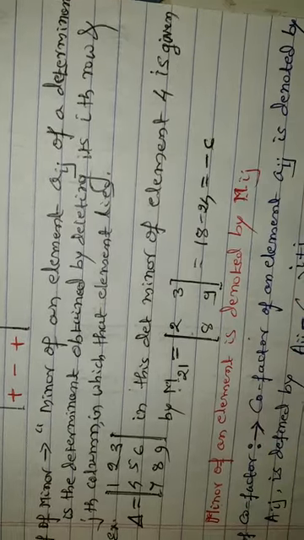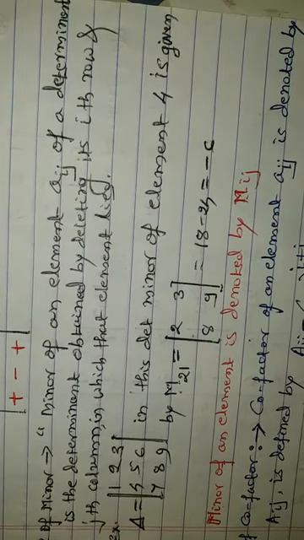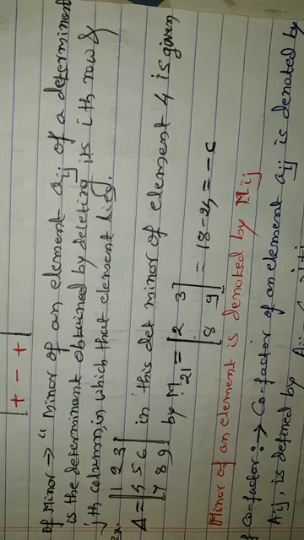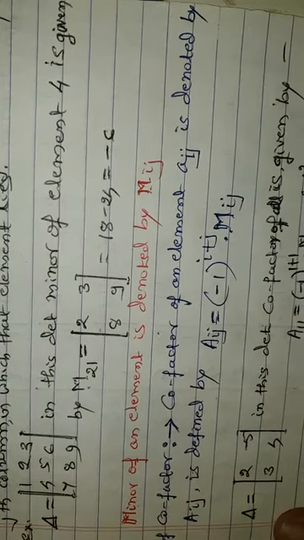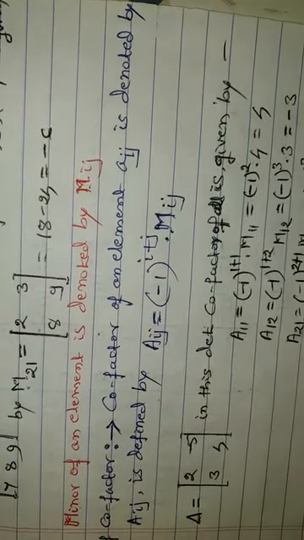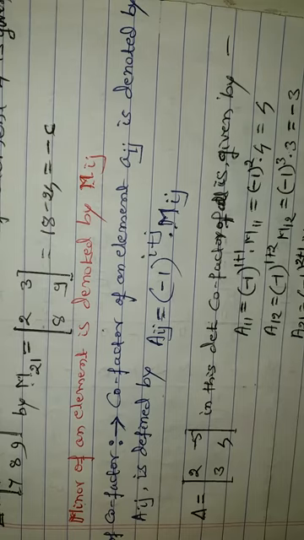So the minor of an element is denoted by M of ij. Am I right? Then, the definition of cofactor.